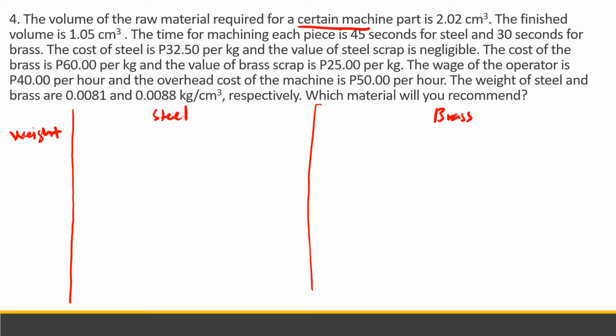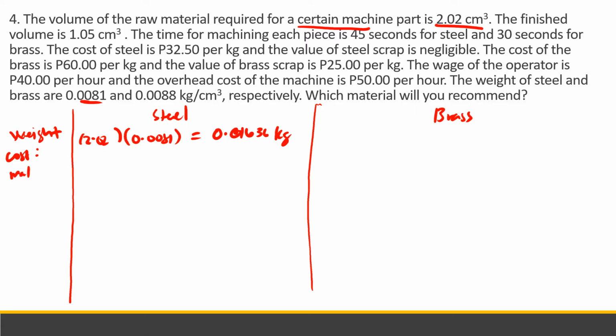Okay, so the weight is, so this is 2.02 cubic centimeter, and yung weight ng steel is 0.0081. So this is equals to, so each part weighs, so for the raw material of each part is 0.101636 kilogram.